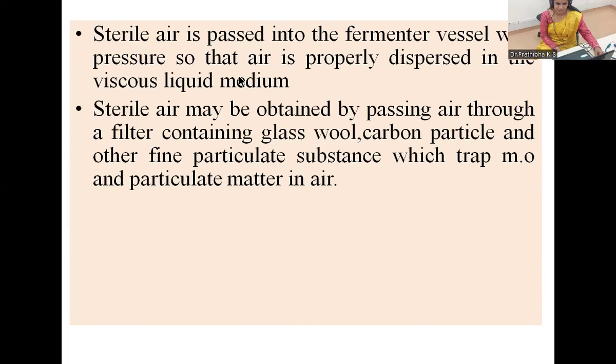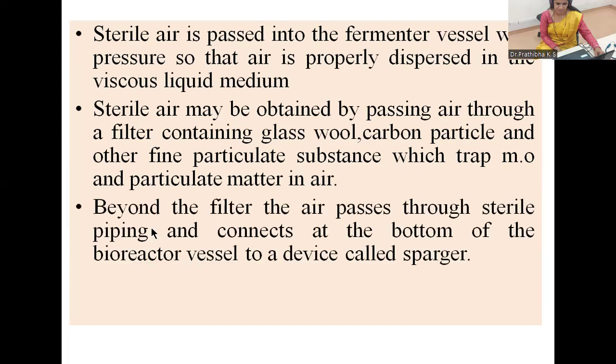Sterile air may be obtained by passing air through a filter containing glass wool, carbon particles, and other fine particulate substances which can trap microorganisms and particulate matter in the air. As we are sending sterile air only, if by chance there is any contamination, the glass wool, carbon particles, or fine substances will trap those organisms in the inlet pipe of the air.